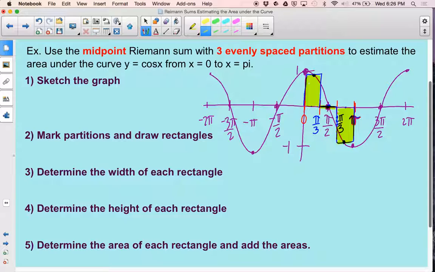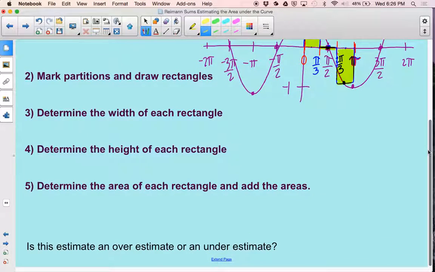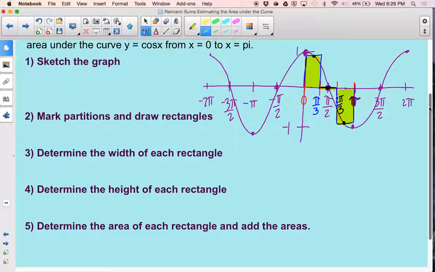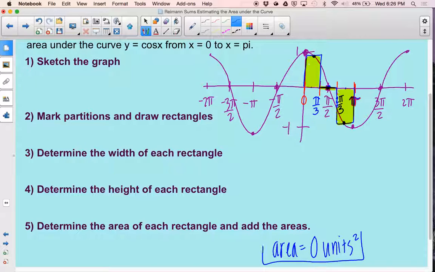And we know above the x-axis is positive and below the x-axis has negative area. So this area actually just cancels out and becomes 0. Okay, so I know that my final answer is 0 units squared.